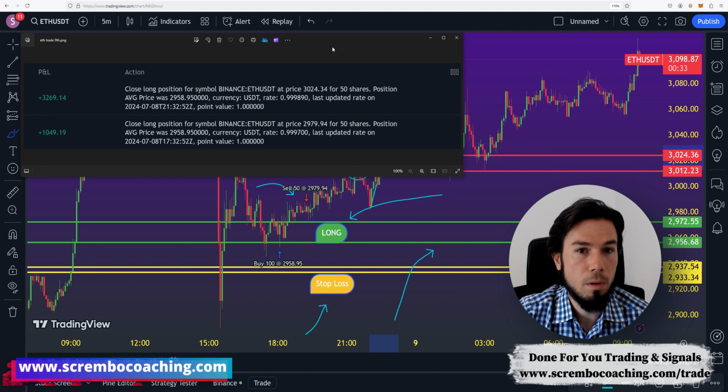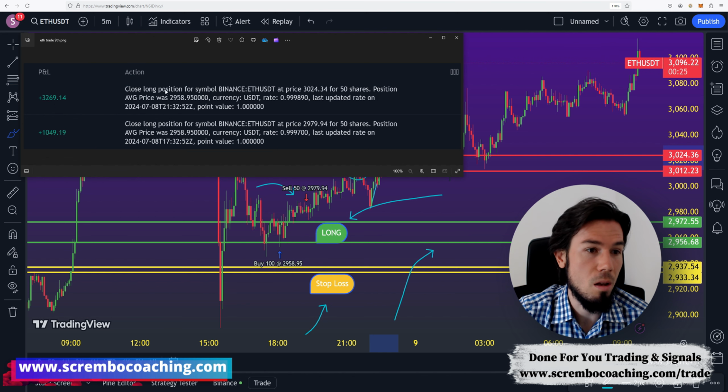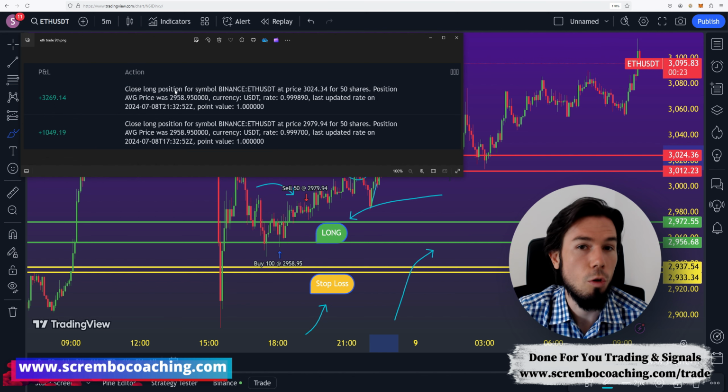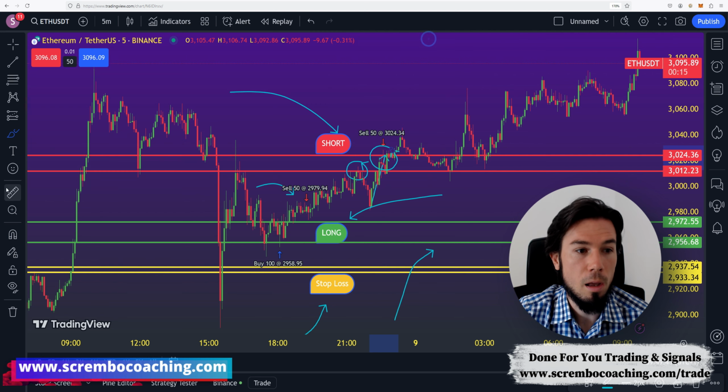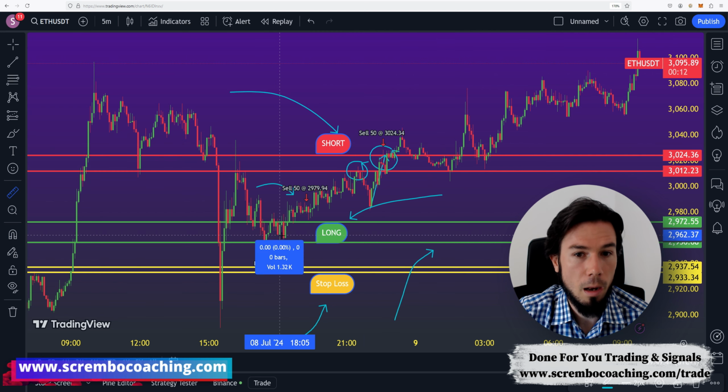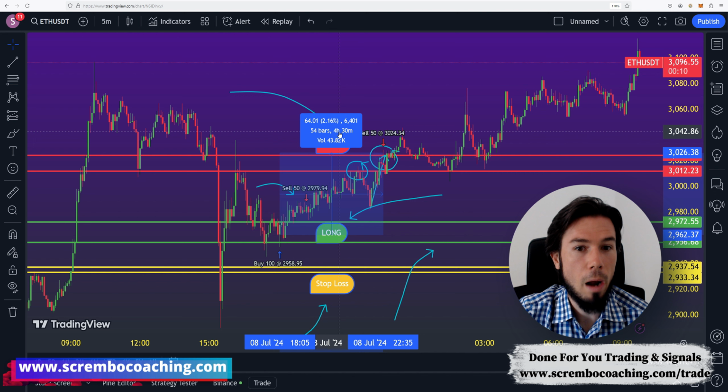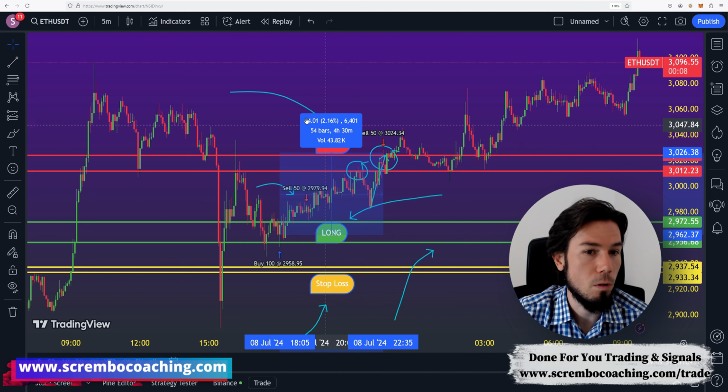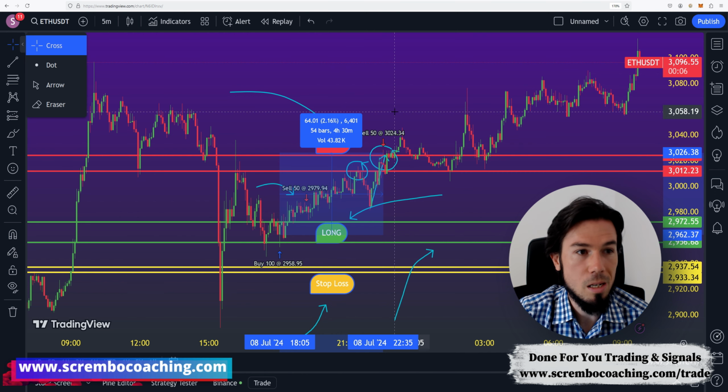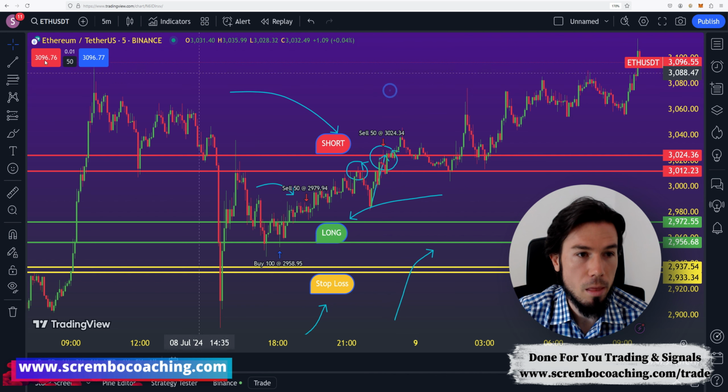And then the second position at 3,024 got us around $3,200, which means about $4,200 totally if you cut out the commissions. And so $4,200 pure profit on this specific day trade. It pretty much lasted 4 hours and 30 minutes, right? So that is not only decent, that is even better than that.